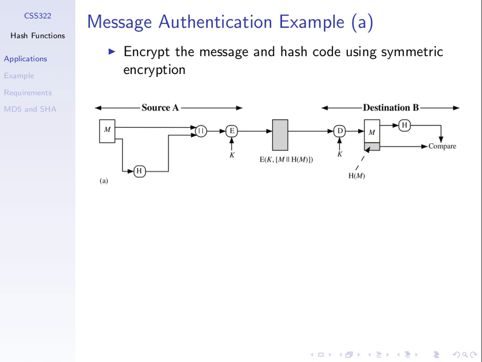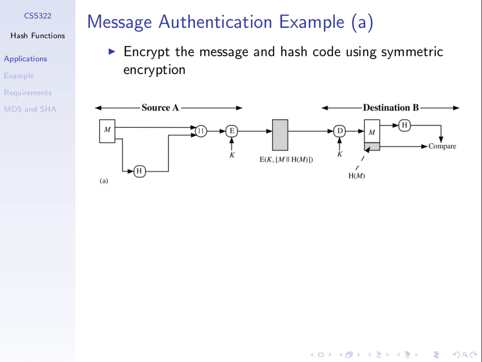The first example, we have a source and a destination, and we're sending a message, M. We want to provide these services of authentication at the receiver. When the receiver receives the message, they want to be able to check that nothing's gone wrong, nothing's been modified, and the source is who they say they are.